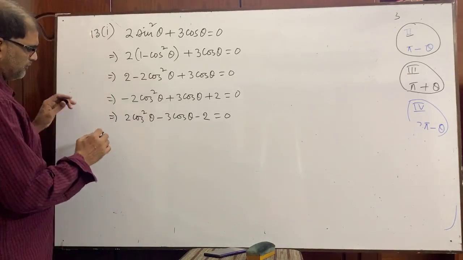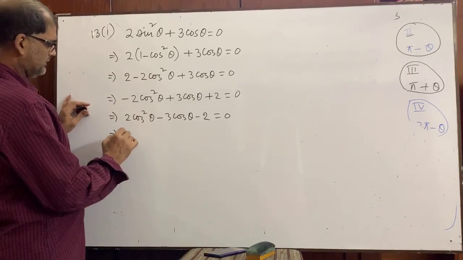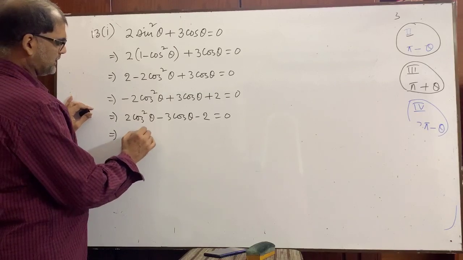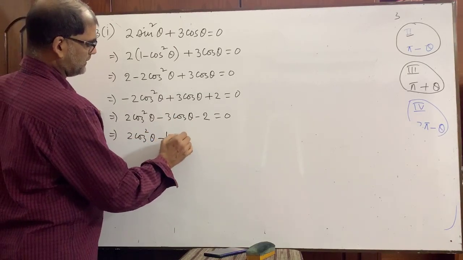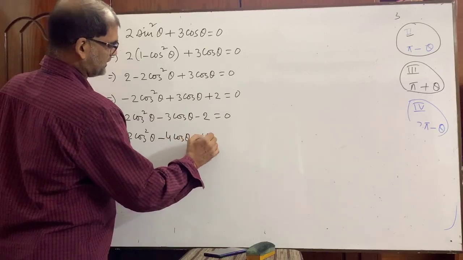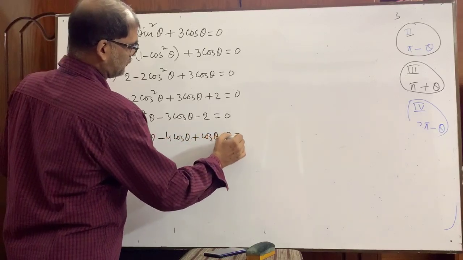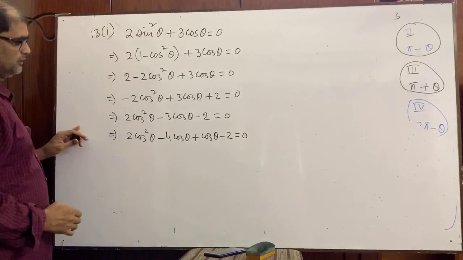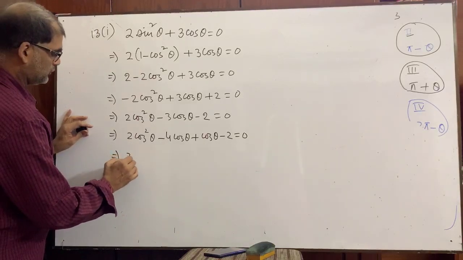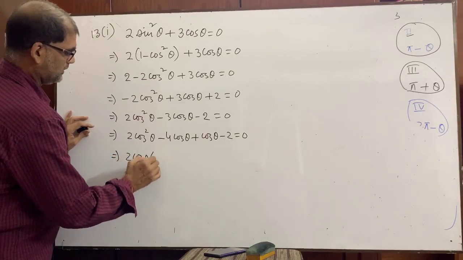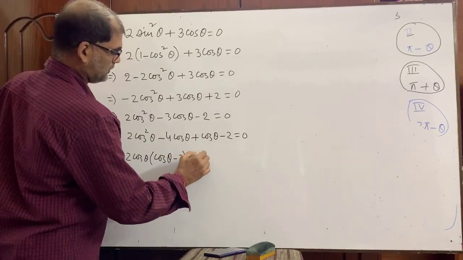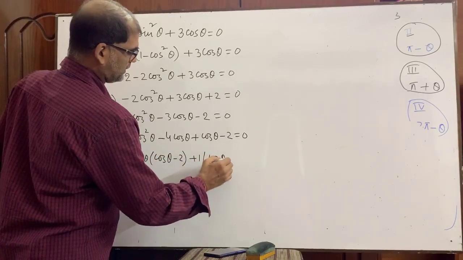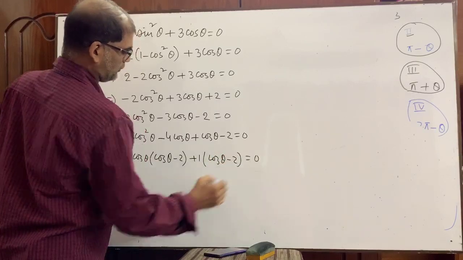Now, by factorization, 2 cos square theta, this is what? Minus 4 cos theta plus cos theta minus 2 equals to 0. That means 2 cos theta times cos theta minus 2 plus 1 times cos theta minus 2 equals to 0.